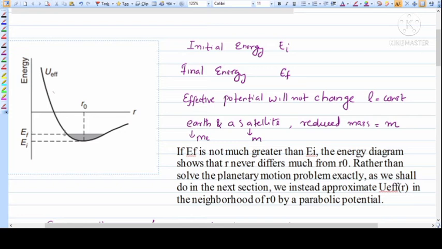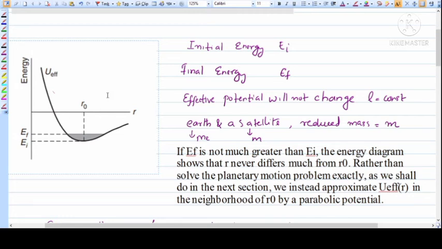So if this is R, the distance, and there is no big change between EF and EI, R0 will not change. It is approximately equal to the distance from here to here, so we can consider the radial distance as R0.